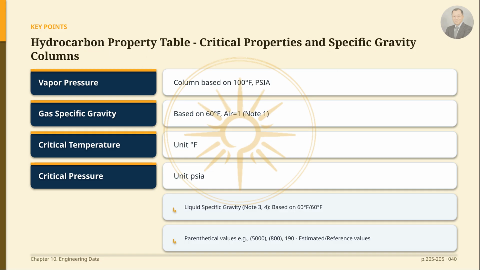Then, the critical temperature is given in degrees Fahrenheit, and the critical pressure is given in psi. Finally, the liquid-specific gravity is expressed under the 60 degrees Fahrenheit per 60 degrees Fahrenheit condition according to the criteria in Notes 3 and 4. Values enclosed in parentheses in the table, such as 5,000, 800, or 190, represent estimated or reference data.